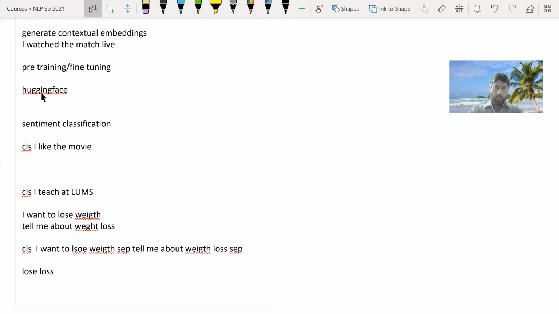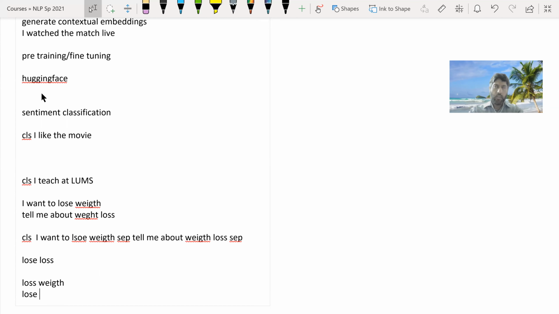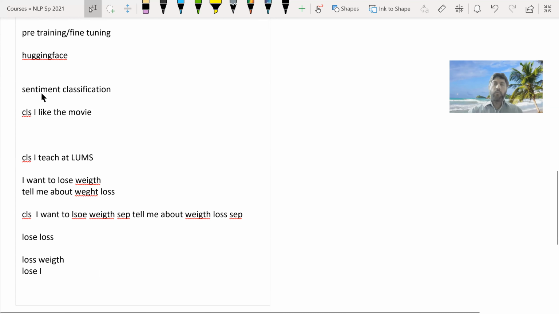So for example, loss and weight, lose and I. All of those combinations are captured in the CLS token. And of course, the output of that CLS token, not the input. The input is set as random or 0. And based on all that relationship, you can then make a decision whether this is a paraphrase or not.